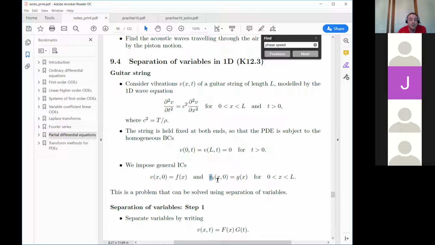Okay, so I think I've managed to sort out my confusion there with how these letters are behaving. That v is not a velocity, it's a vibration, which I think would be a displacement. And then the v sub t, that's the velocity. It's how quickly the vibration is vibrating. And so that's why that's equal to 0.